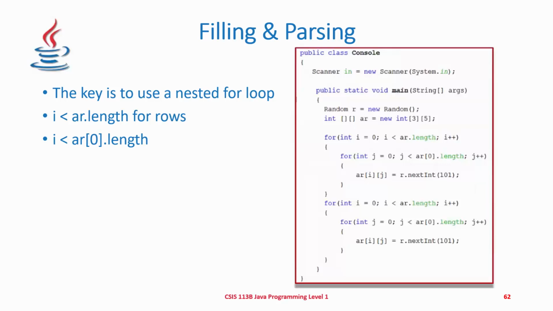We'll show you in another slide that you can apply a variable in here, but for now just visually realize that as long as your two-dimensional array has the same number of columns in every row, which it should, then you just pick the first row and check its length.